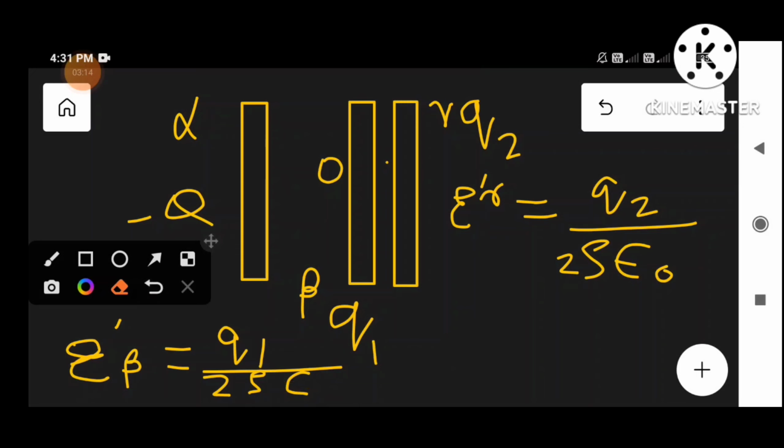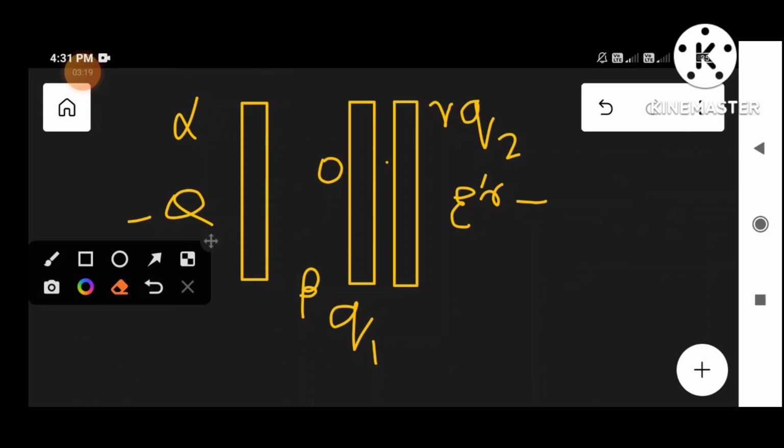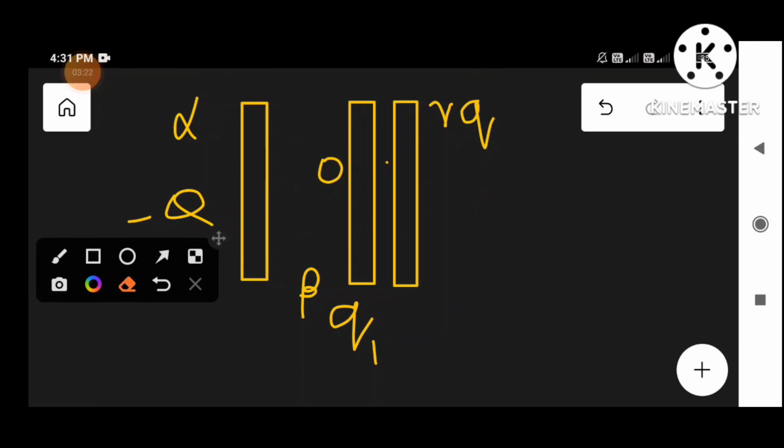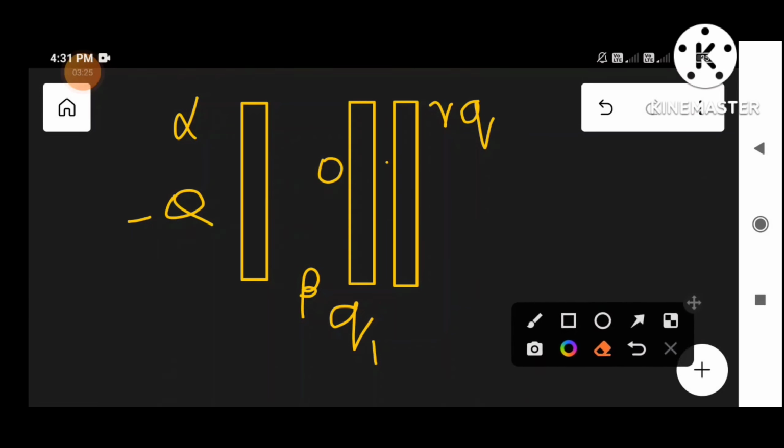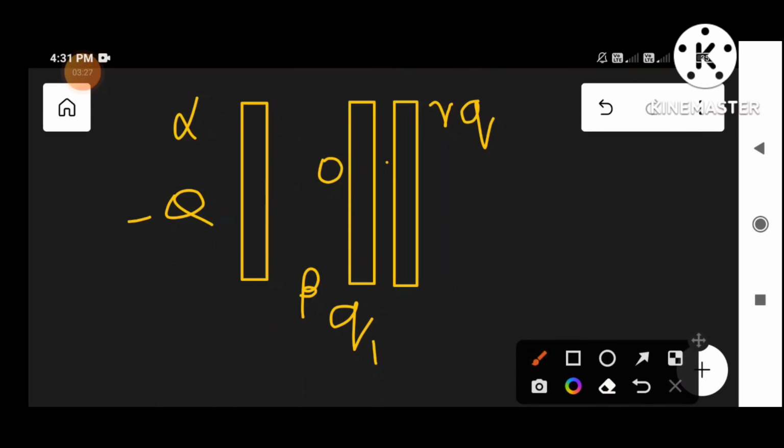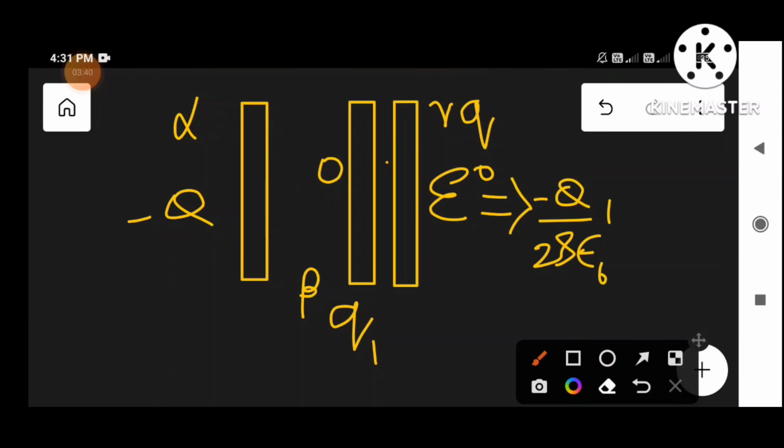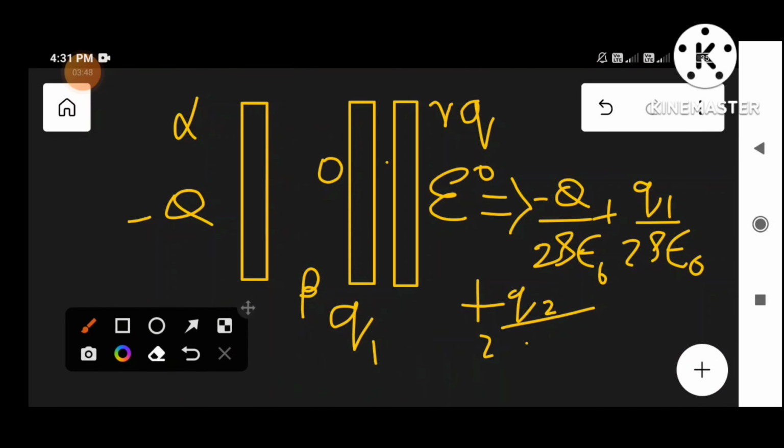So we add the electric fields assuming q1 and q2 are positive. So the total electric field at O must be 0. So this is what we get, right, if we compute that expression. This must give us 0, right?